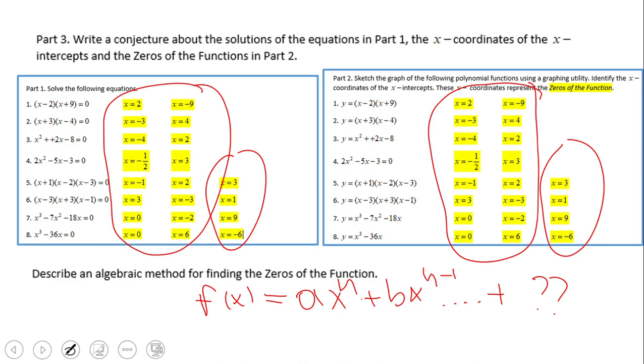If you want to find the zero of the function, make that equal to 0. 0 equals whatever you have, and you solve that polynomial equation by factoring most of the time, or when you reduce to a quadratic, you can use the quadratic formula, and then you have those solutions of that polynomial equation, which in fact are also the zeros of the function and the x-intercepts. Yeah, 3 names for the same thing: solution of a polynomial equation, x-intercept, or zero of the function.